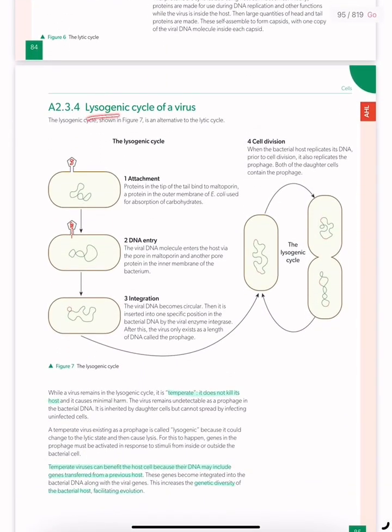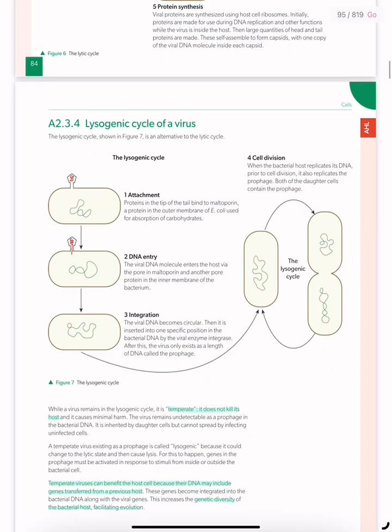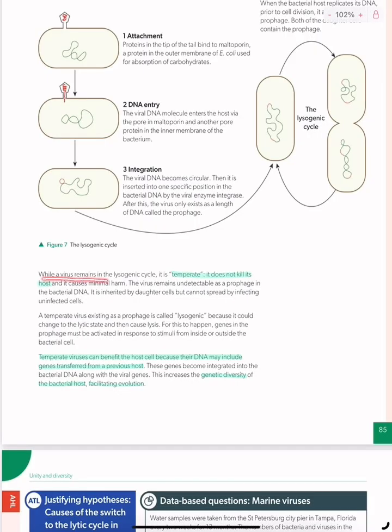And then we have the lysogenic cycle's demonstration here. We have the steps, integration, and cell division. So it does not kill the cell, unlike the lytic cycle. While a virus remains in the lysogenic cycle, it's temperate, so it does not kill its host, and it causes minimal harm.